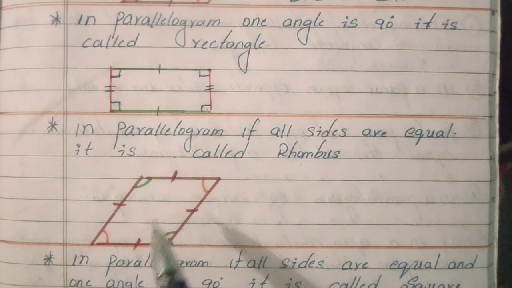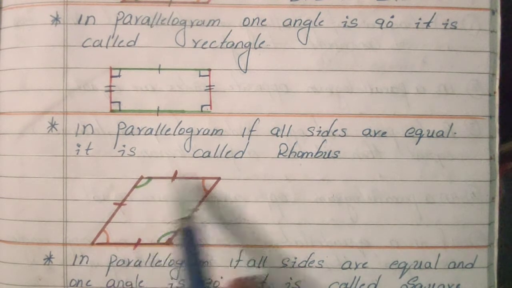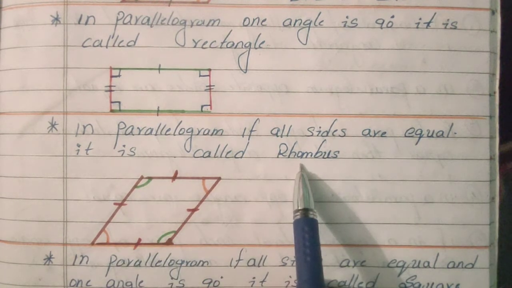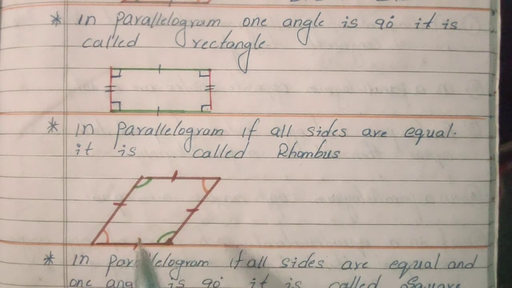Normally a parallelogram means only opposite sides are parallel and equal. Suppose all the four sides are equal, then the parallelogram becomes a rhombus. Remember, here the angles will not be 90 degrees.